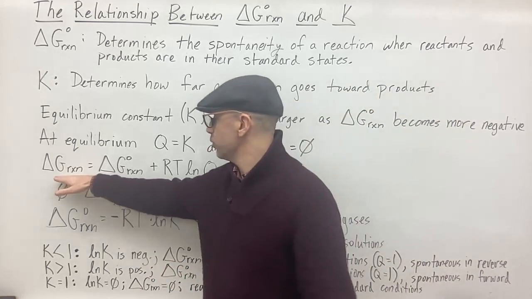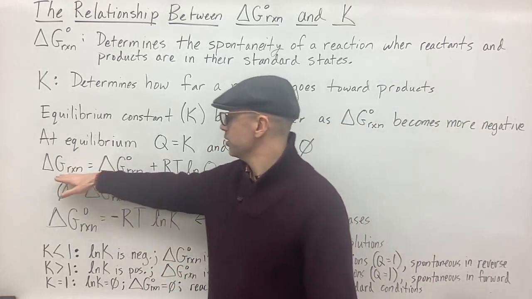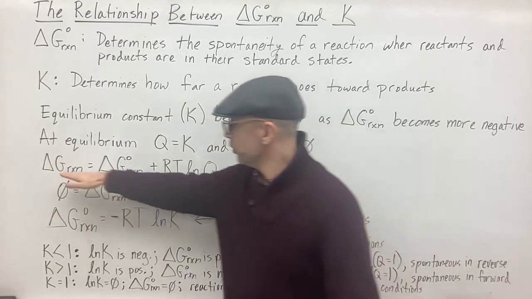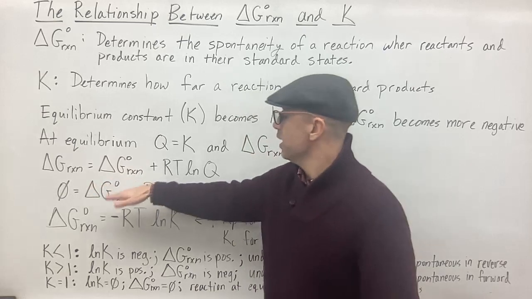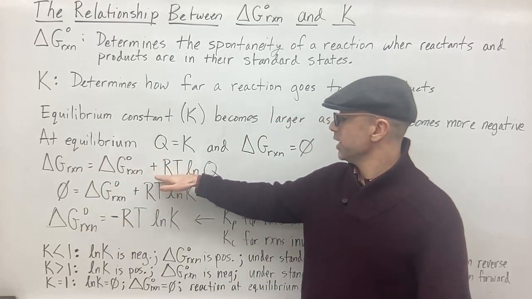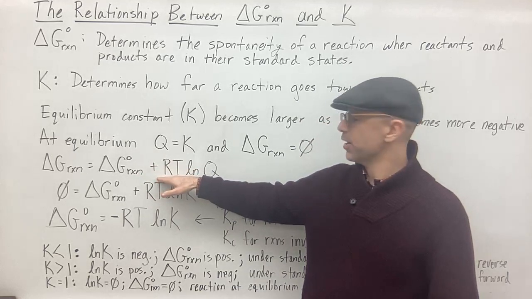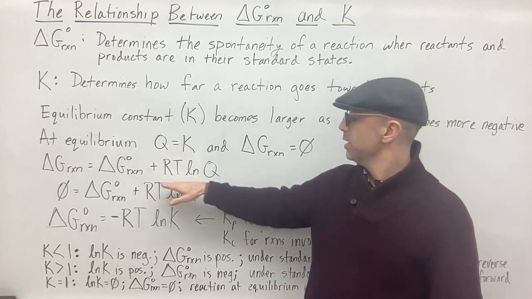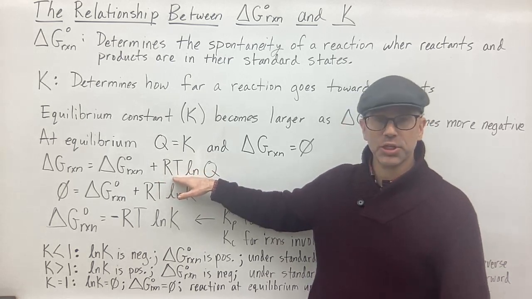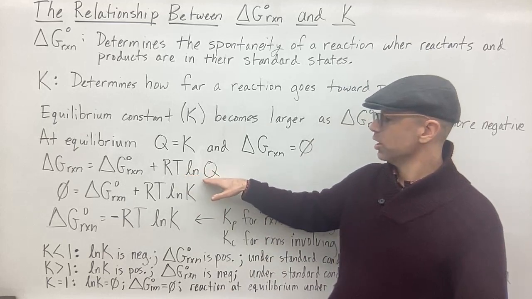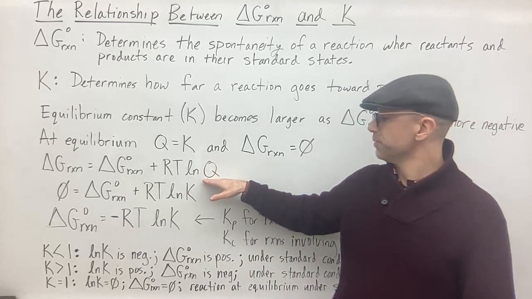So if we take the equation for the non-standard free energy change of a reaction, we saw that that's equal to the standard free energy change of a reaction plus the ideal gas law constant multiplied by the temperature in Kelvin multiplied by the natural log of the reaction quotient.